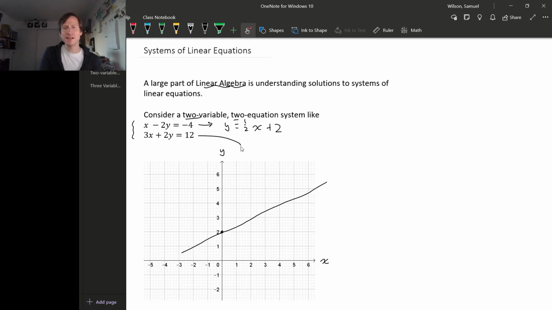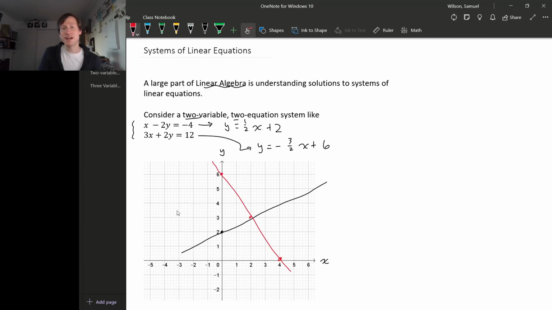And then for the second line, we can do the same thing. Put this into slope-intercept form. So this is going to give us y equals -3/2 x plus 6. And this one I'll do in red, so the y-intercept is at 6, and so we need to go over 2 and down 3, over 2, down 3, and this gives us our second line.